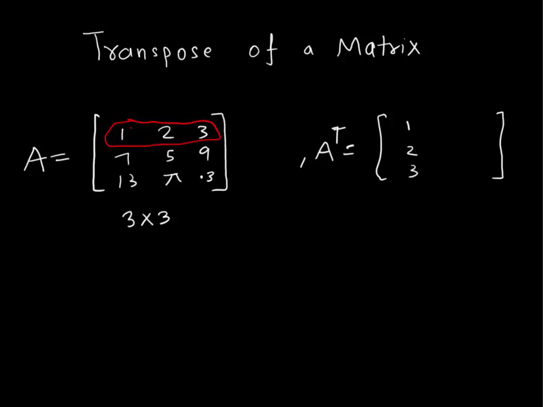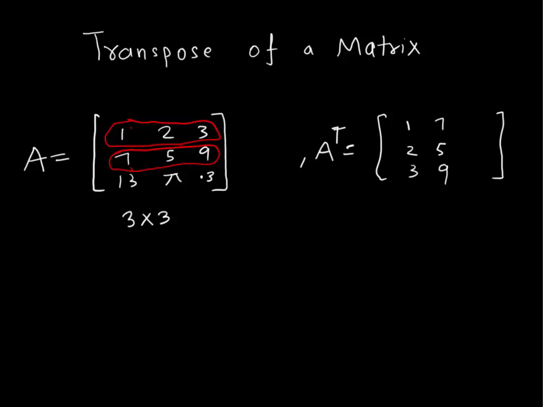So for the second row, I'm going to take it and make it my second column. So this is going to be 7, 5 and 9, and you get the idea.